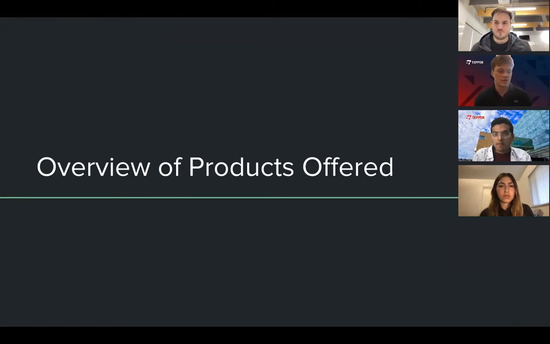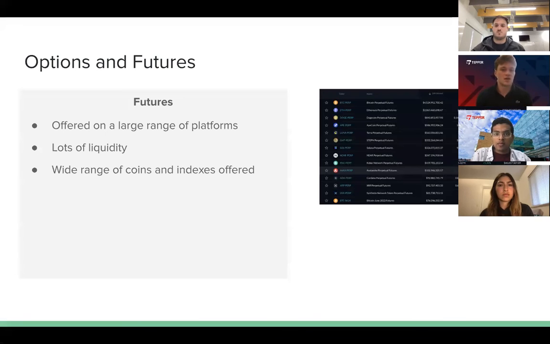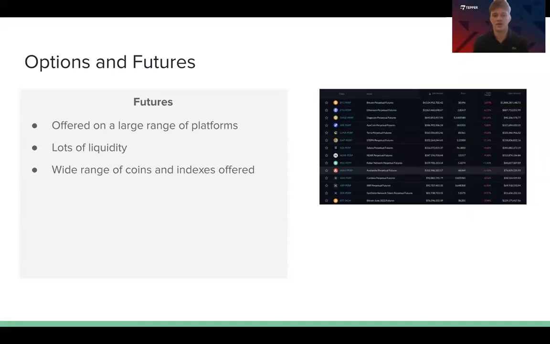All right, so we're going to be giving a little bit of an overview of some of the products that are offered in the cryptocurrency space. So there are options and futures available. Futures are pretty easy to come by. They're offered on a pretty big range of platforms. They're usually pretty liquid, at least for the more major exchanges, and they offer a pretty wide range of coins and indexes.